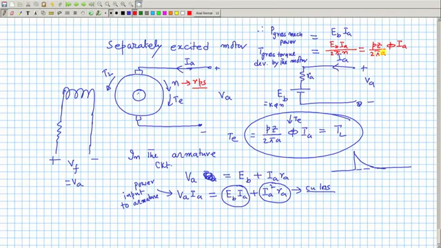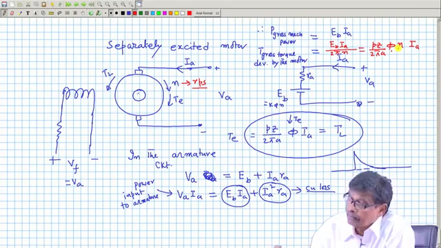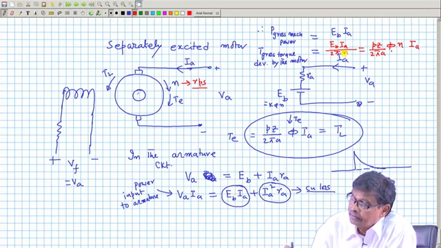Eb is k phi n. Eb into Ia divided by omega, n is in RPS.